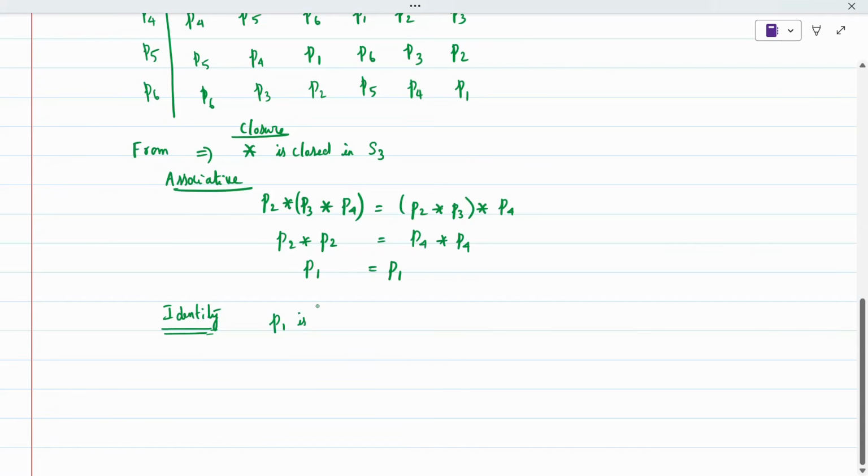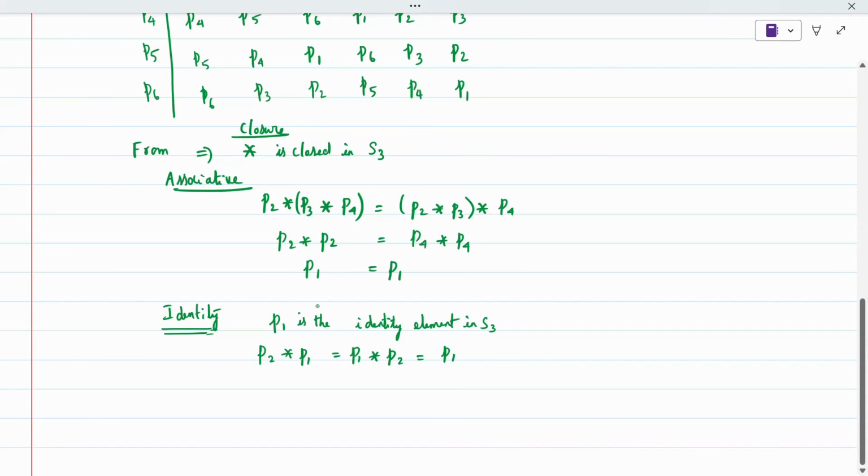I will guess and I will check it. How do we check and find out? For every element it should be the identity, then only I can write P1 is the identity element. For example, suppose P2 star P1 equal to P1 star P2. If I get the same P2, it is the identity element.